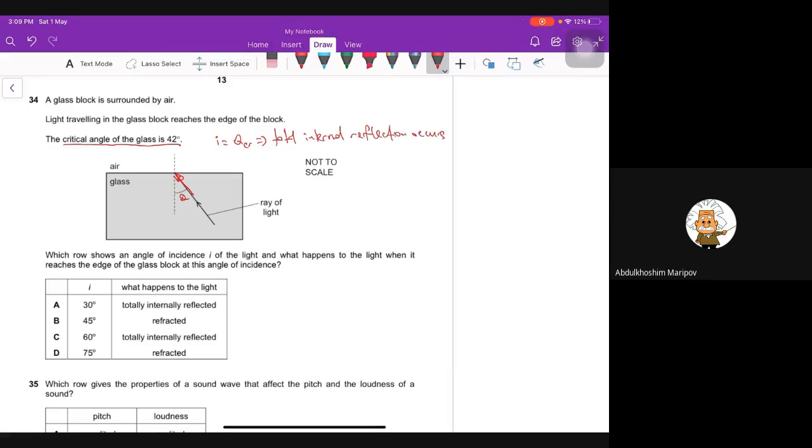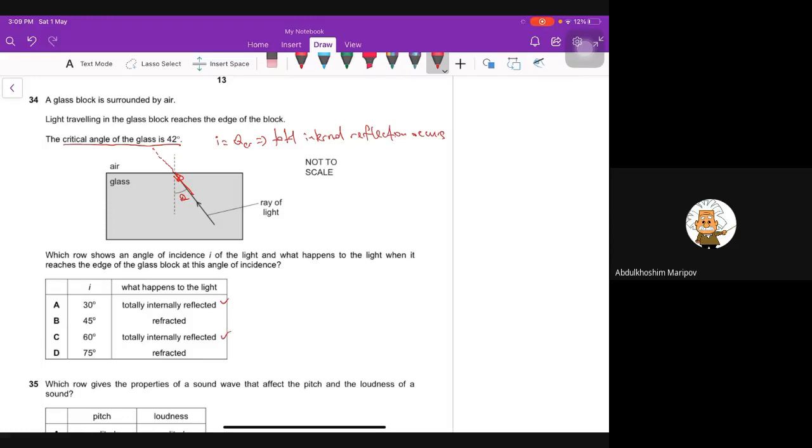When it's below the critical angle, you will have refraction. But when it's equal to the critical angle or above, you will have reflection. So you will have A or C.